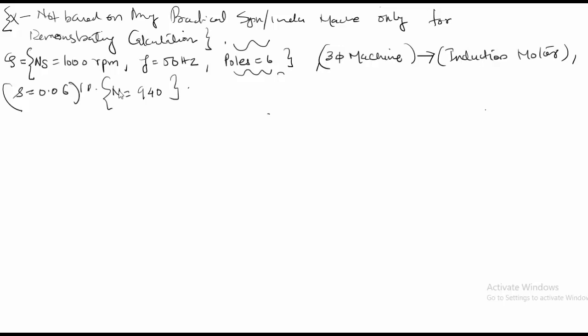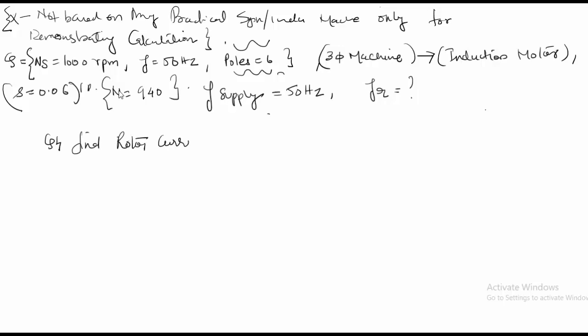So the frequency of the supply current is equal to 50 hertz, but what will be the frequency of your rotor current? So the next question, question 4, is to find the rotor current frequency.